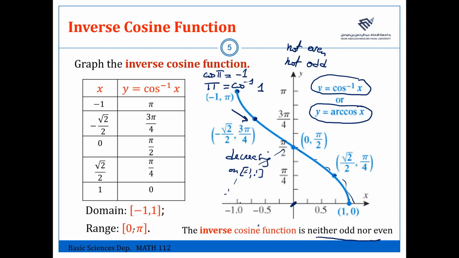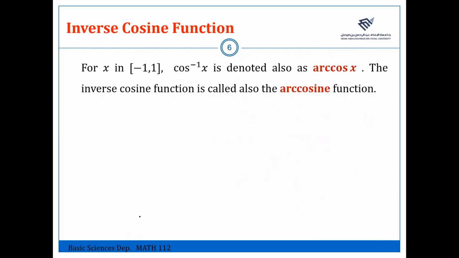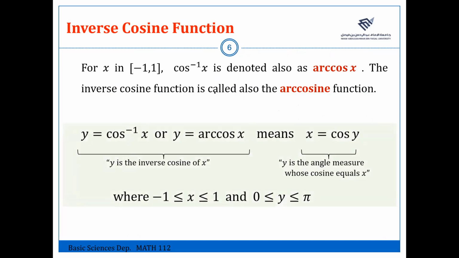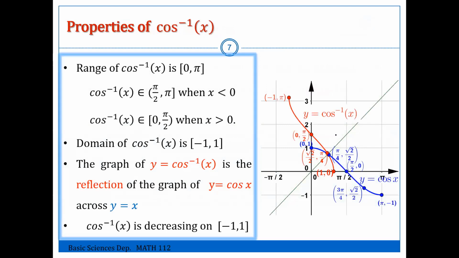Domain minus 1, 1. Range 0 pi. قلنا نسميها arc cosine also or cosine inverse. وقلنا y is cosine inverse x معناها x is cosine y. I interchange x and y، اللي كان انطلاق يصير وصول and vice versa. إذا هذا الرسمتين في نفس الواحد. These are the properties.